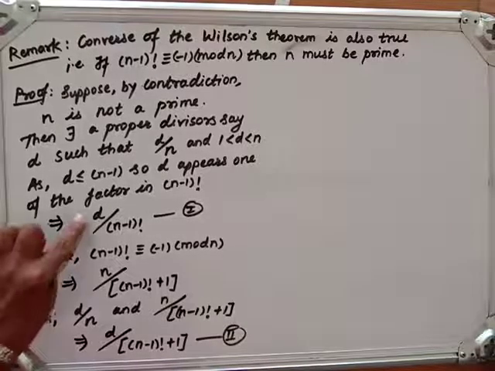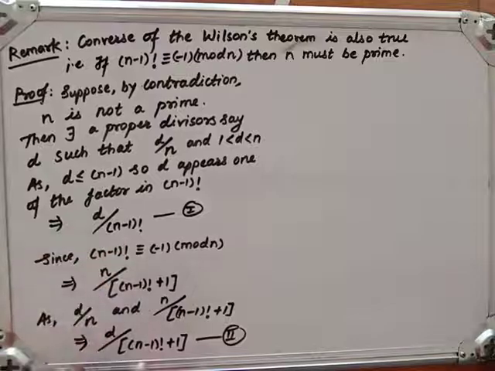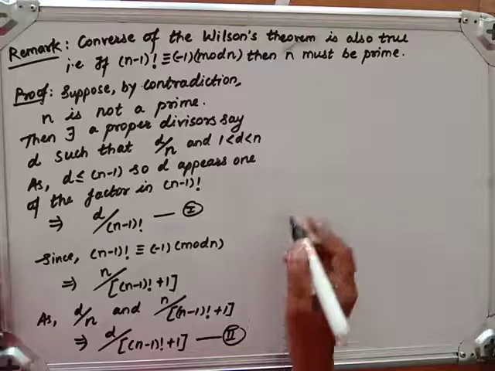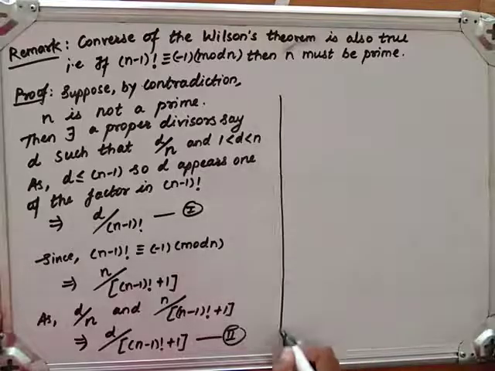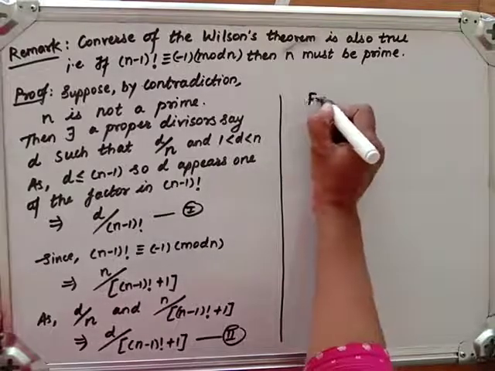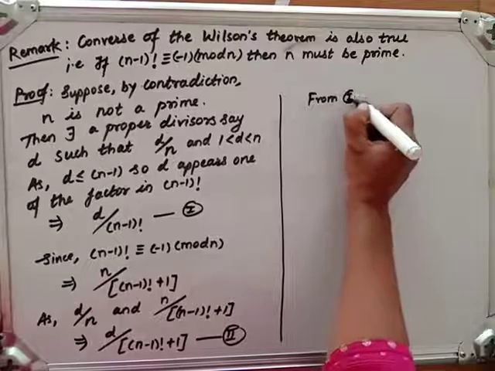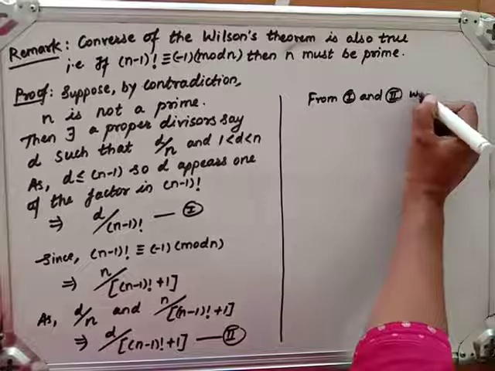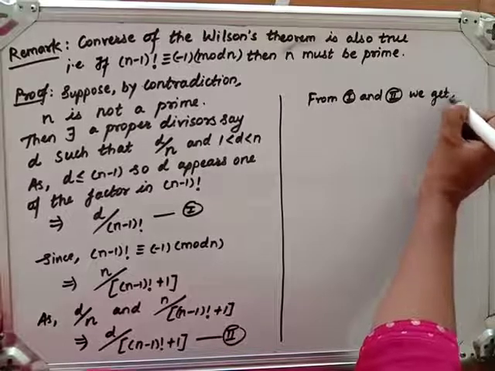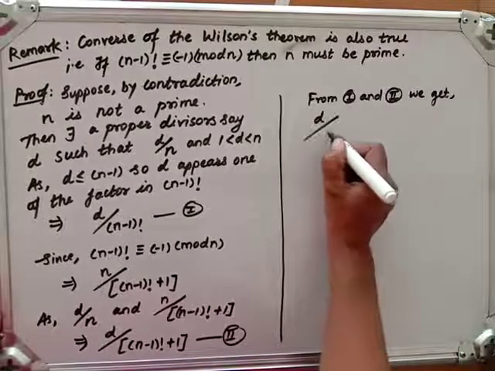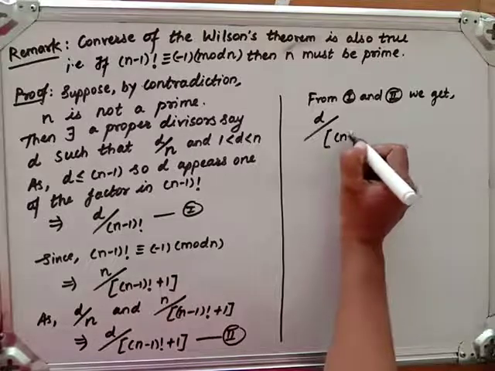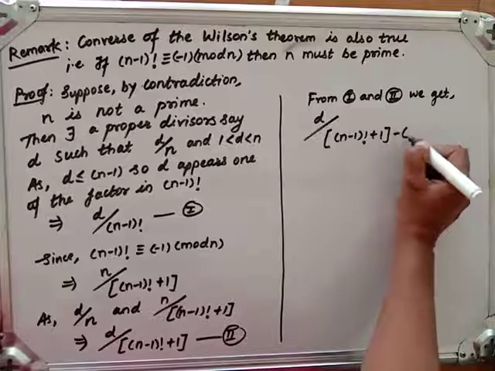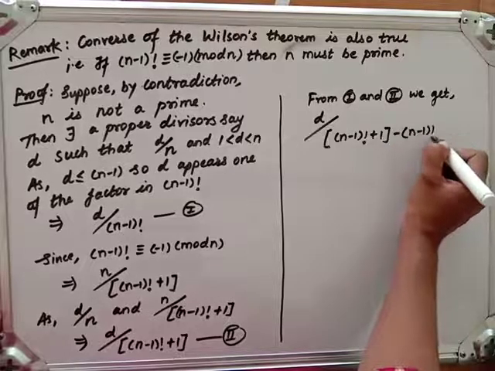Now look here. D divides this one, D also divides this. So D must divide their addition, their subtraction and all. So from 1 and 2, we get D divides (n minus 1) factorial plus 1 minus (n minus 1) factorial.